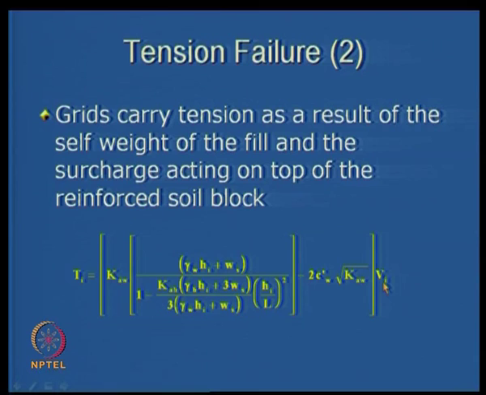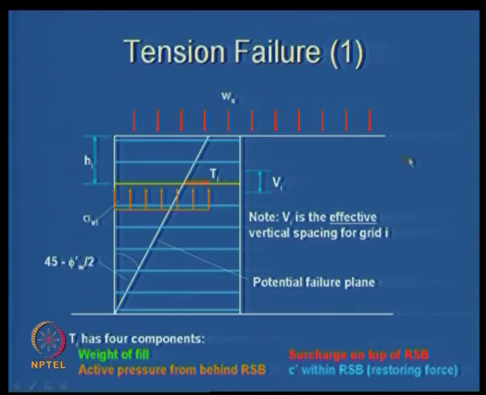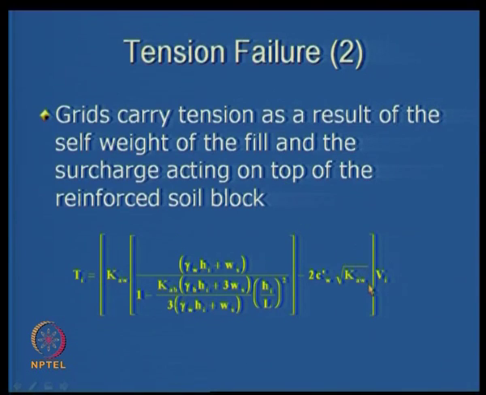Ti is nothing but Ka times the vertical pressure minus the cohesion term, times Vi, as it acts over this area with the spacing Vi. This is how we have this equation.